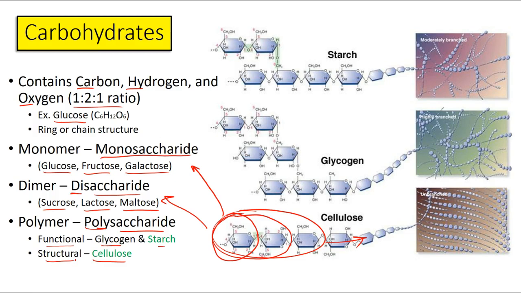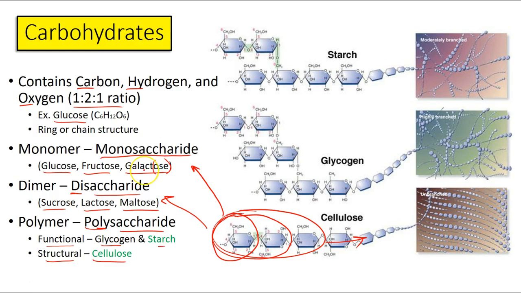Now, I know I threw a lot of sugar names. Notice that all of the sugar names, or most of them, end in ose. That's going to be a suffix that you should key in on. If it is a sugar, it typically ends in ose. Now, starch and glycogen don't really follow that rule, but for the most part, if it is a sugar, it's going to end in ose.